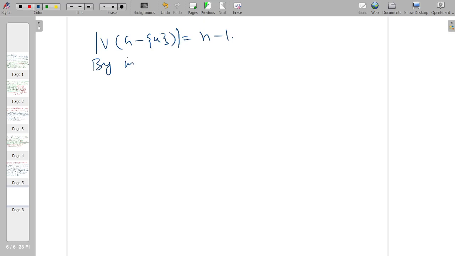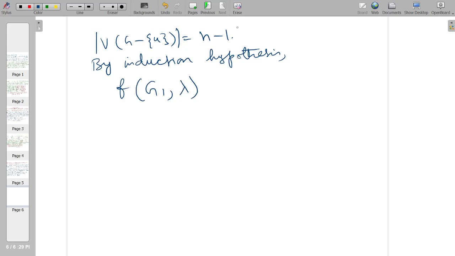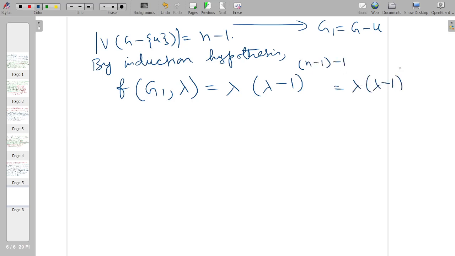By induction hypothesis, f of G1 comma lambda, where G1 is G minus u, would be lambda into (lambda minus 1) whole power n minus 1 minus 1, which will be lambda into (lambda minus 1) whole power n minus 2.